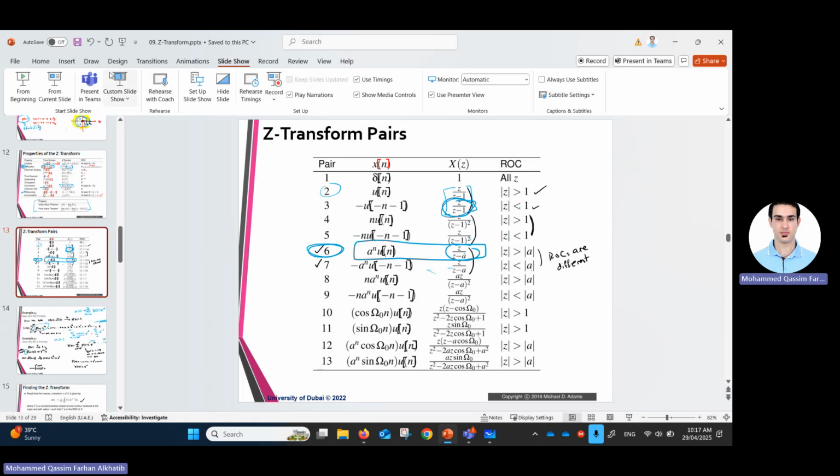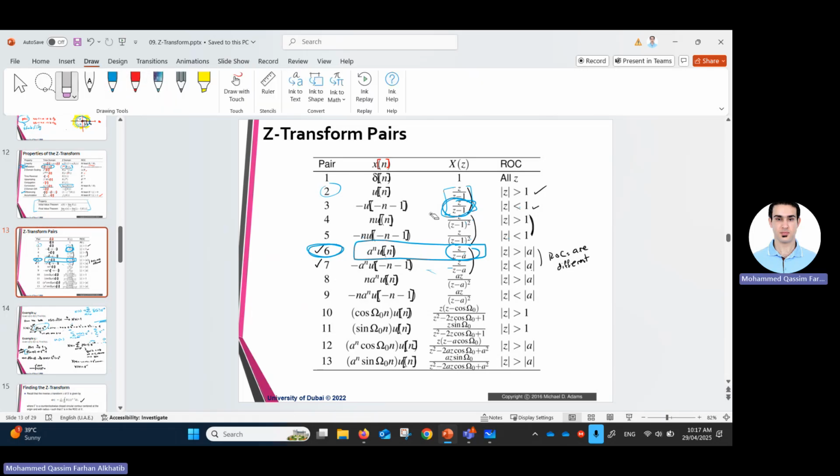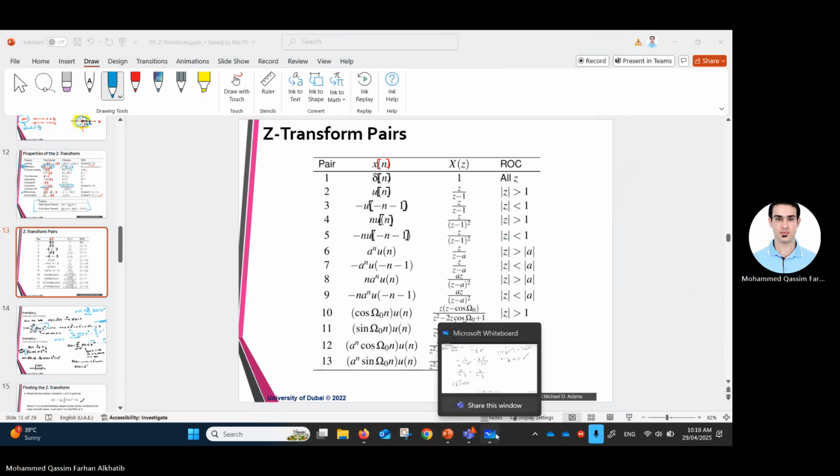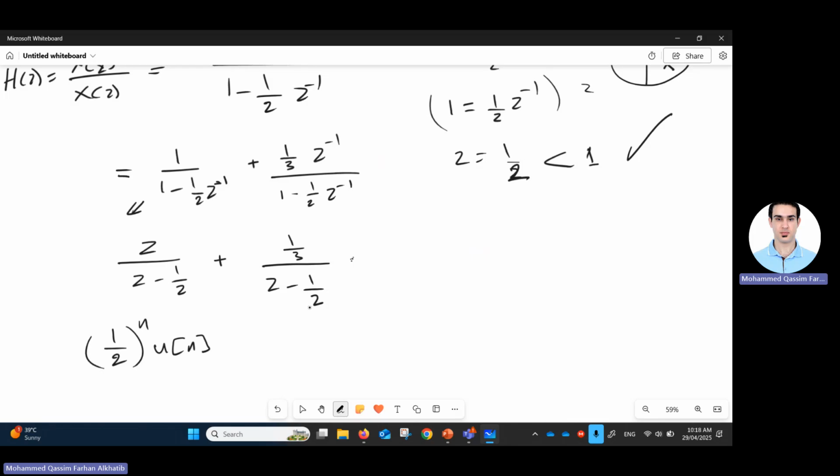Let me see if we can remove all these. All right. Do we see any constant over something like that? No. How to solve it? This one.